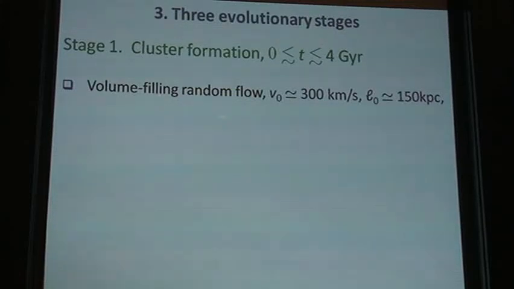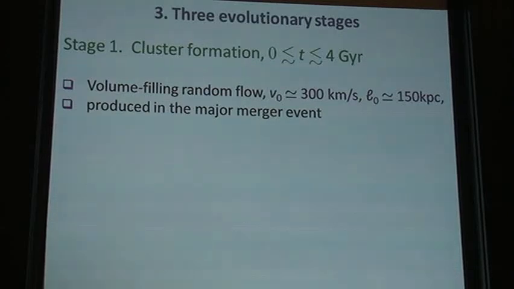During this time, random flow will be volume filling, and we can estimate from the models of structure formation how often clumps of various masses will be falling down on the cluster. We estimate that the scale of these motions comes from the size of the clumps, which come from models of structure formation, which Kantor knows so well, and is of the order of 100 parsecs, and the driven velocities will be over 300 kilometers per second.